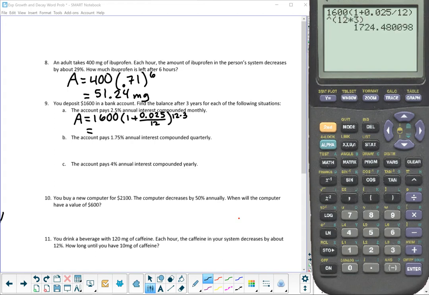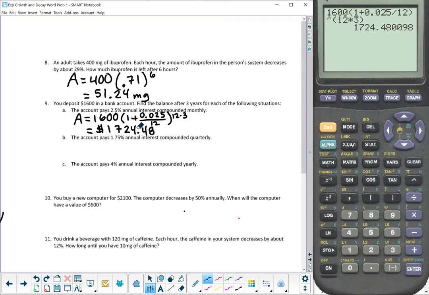You should get a total of, let's see, 1,724, and that sounds about right. So equals $1,724.48. Okay, and that's 2.5% annual interest rate compounded monthly or 12 times a year.